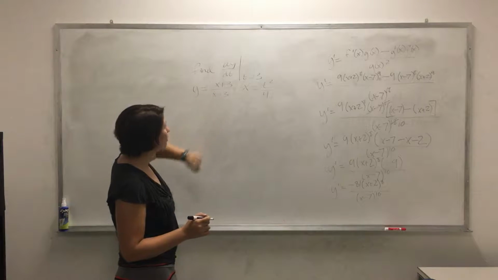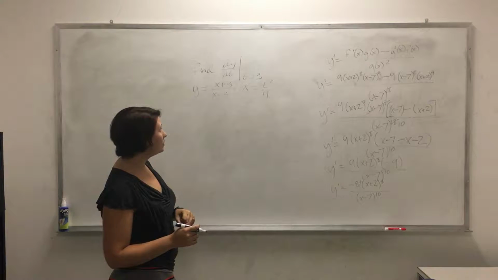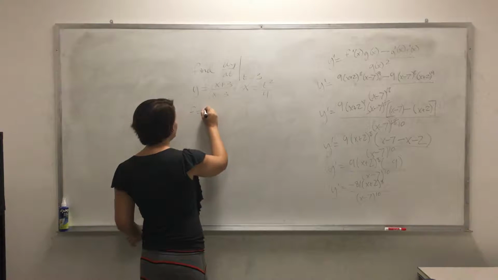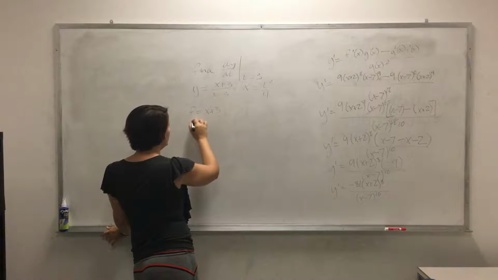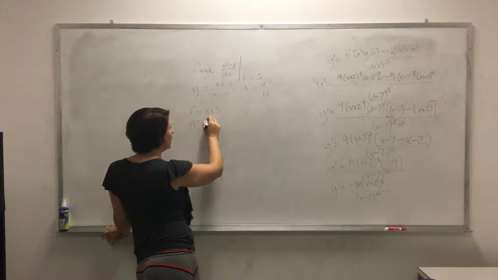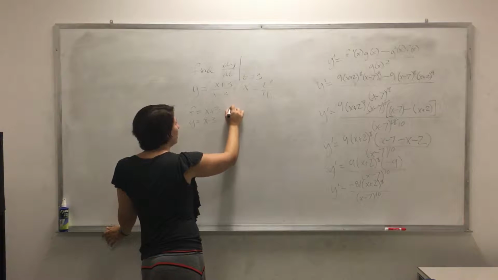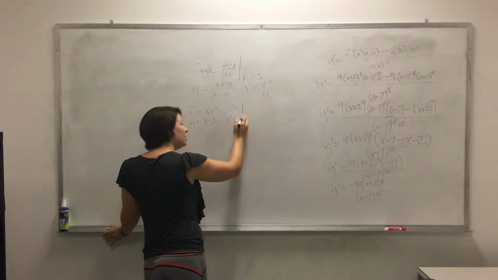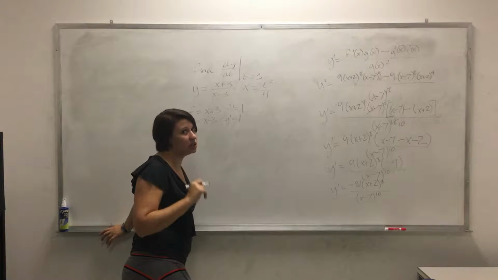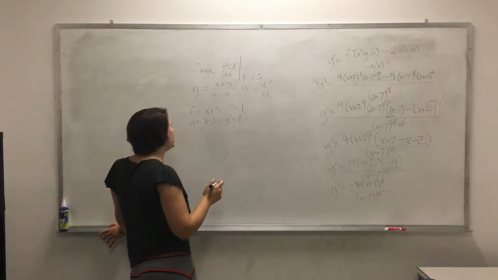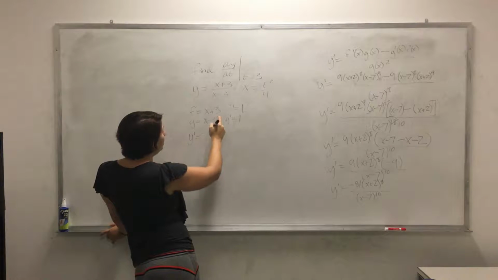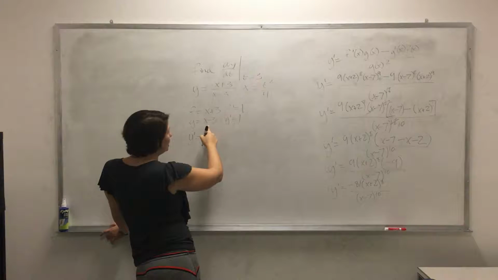So taking the derivative of the y is a quotient rule. So the f will be the numerator, the x plus 3. G is the denominator, the x minus 3. So then f prime is equal to 1. G prime is also equal to 1. Pretty basic, simple derivatives here. So then y prime is equal to f prime times g.